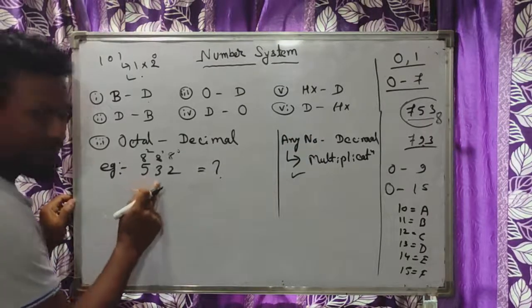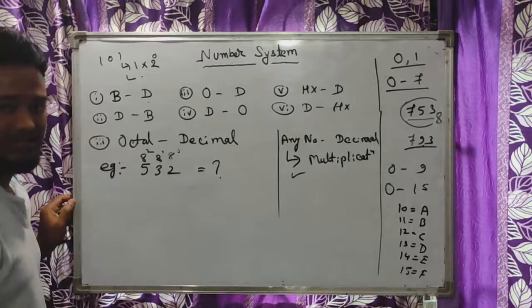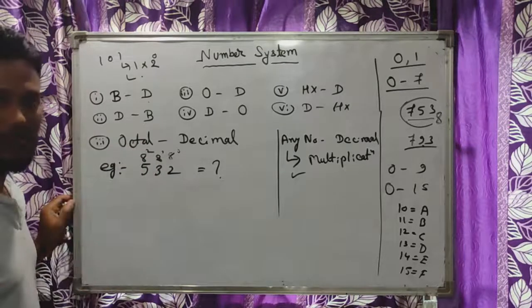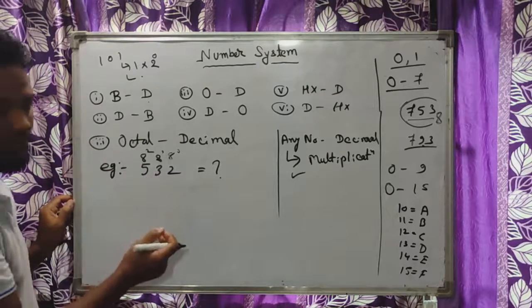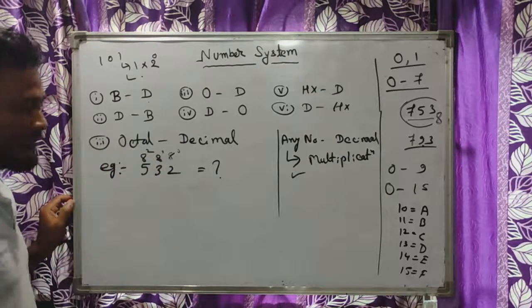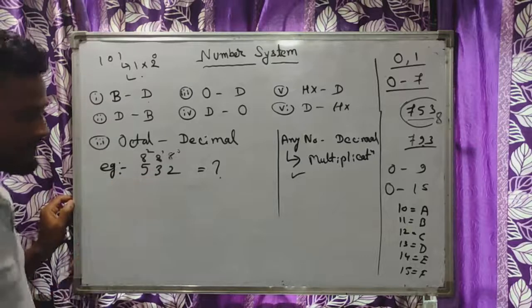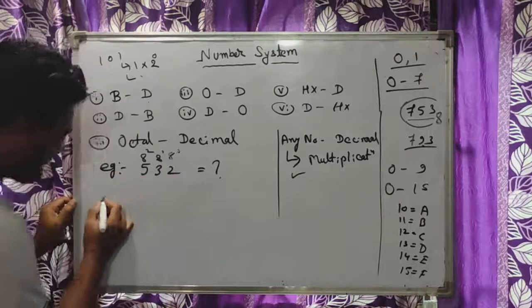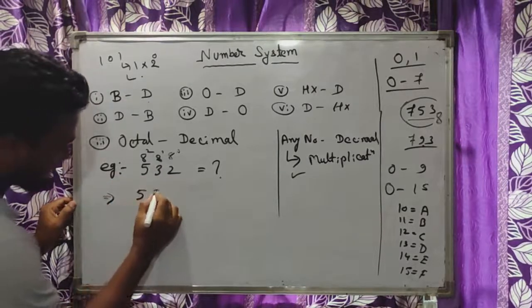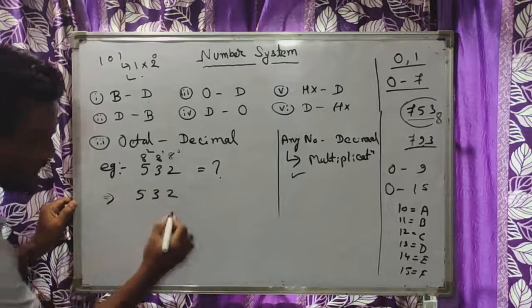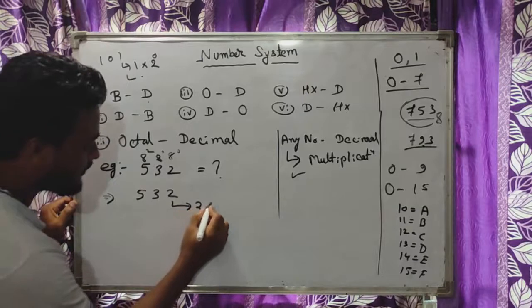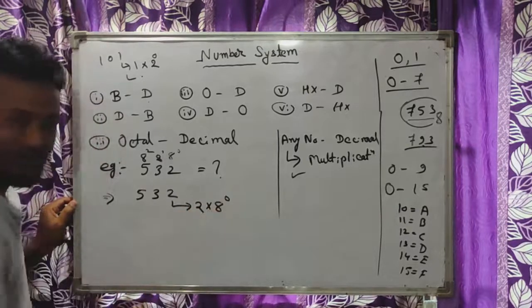Now we are going to convert this number into a decimal number. In order to convert this octal number to a decimal number, first of all we have to find the place value for each digit. Our number is 532. We start from the right side, so 2 into 8 to the power 0.